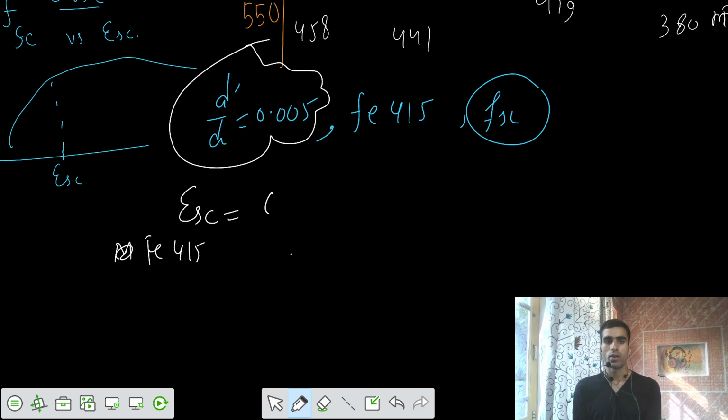That value is equal to 0.0035 times 1 minus d dash by Xu limiting, and the value of Xu limiting for Fe415 is 0.48 d.